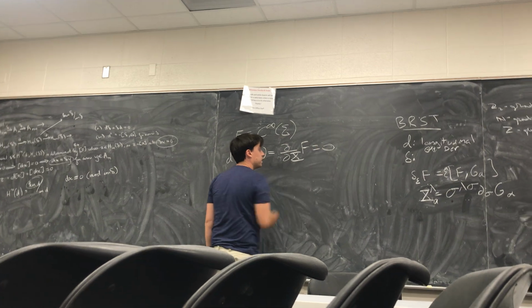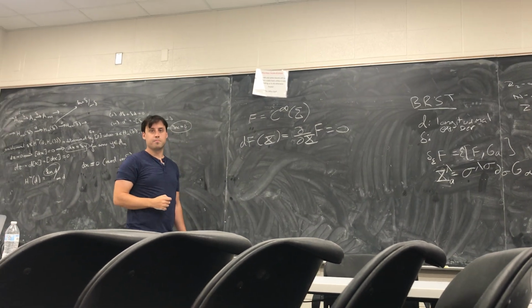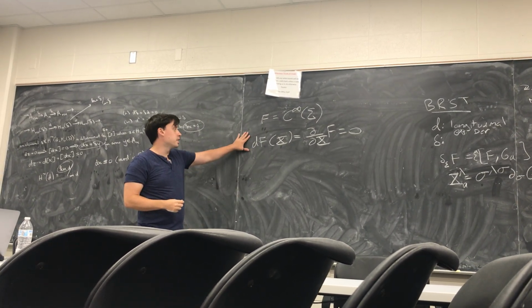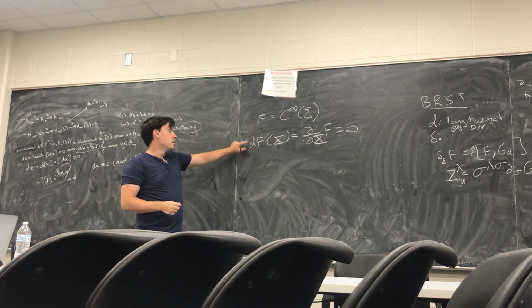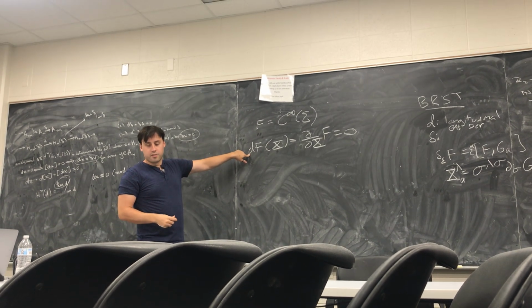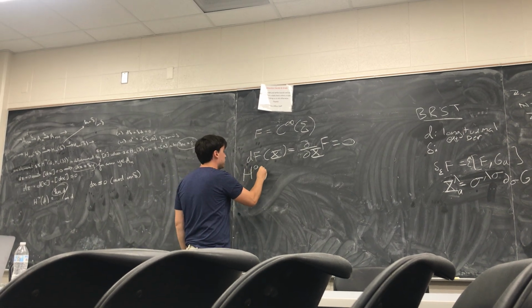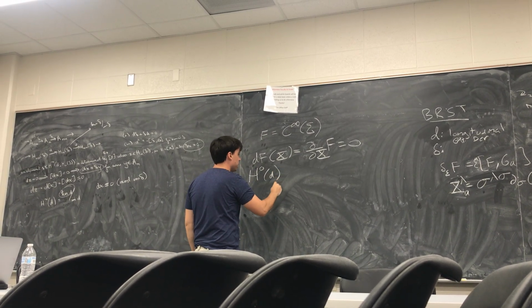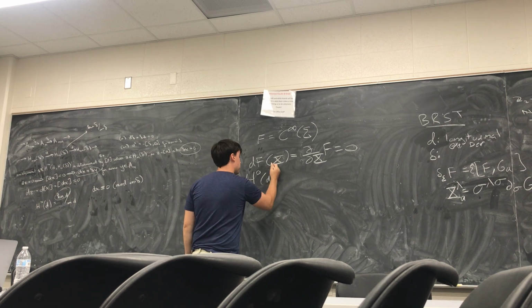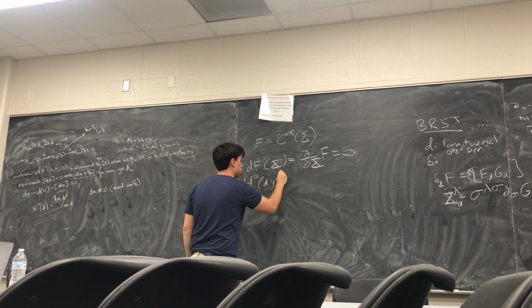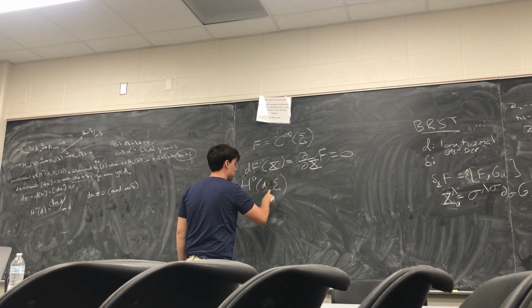So this is exactly the space of gauge invariant functions. These are defining H0 of D on our constraint surface.